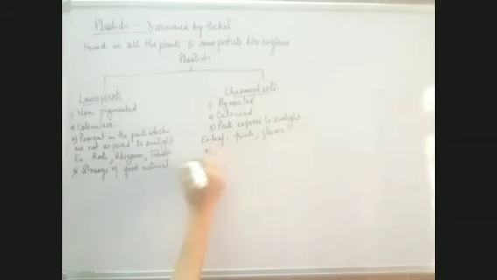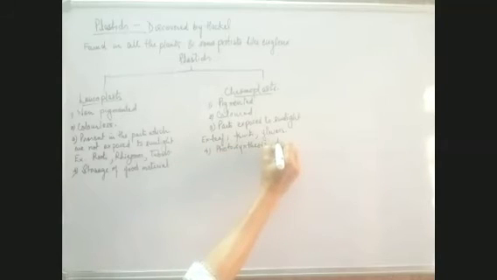And what is the function of chromoplasts? The first, basic function is photosynthesis, when we talk of the leaf, the green pigment chlorophyll. And the second function is to attract organisms.